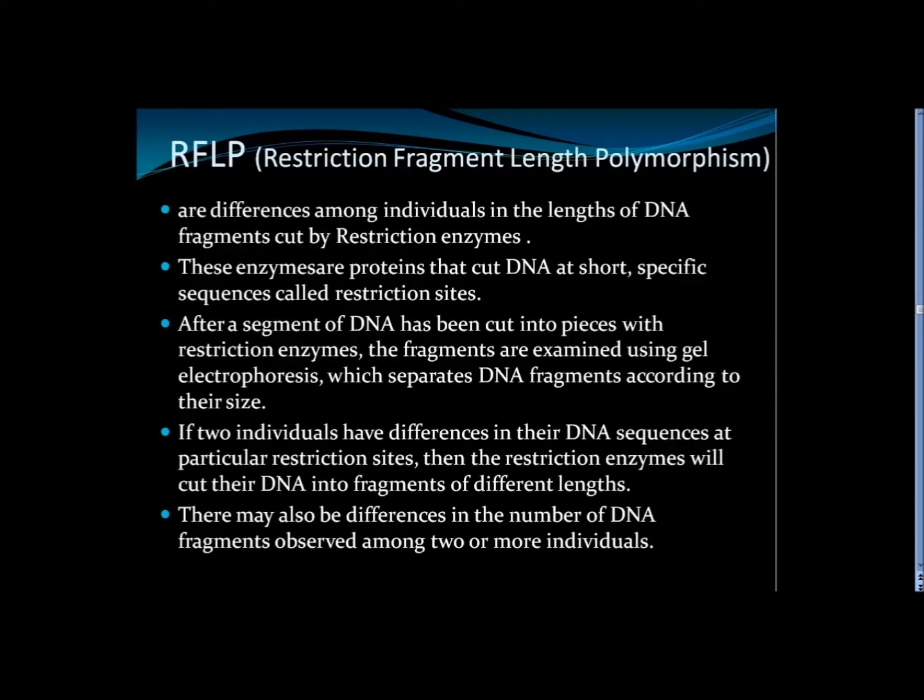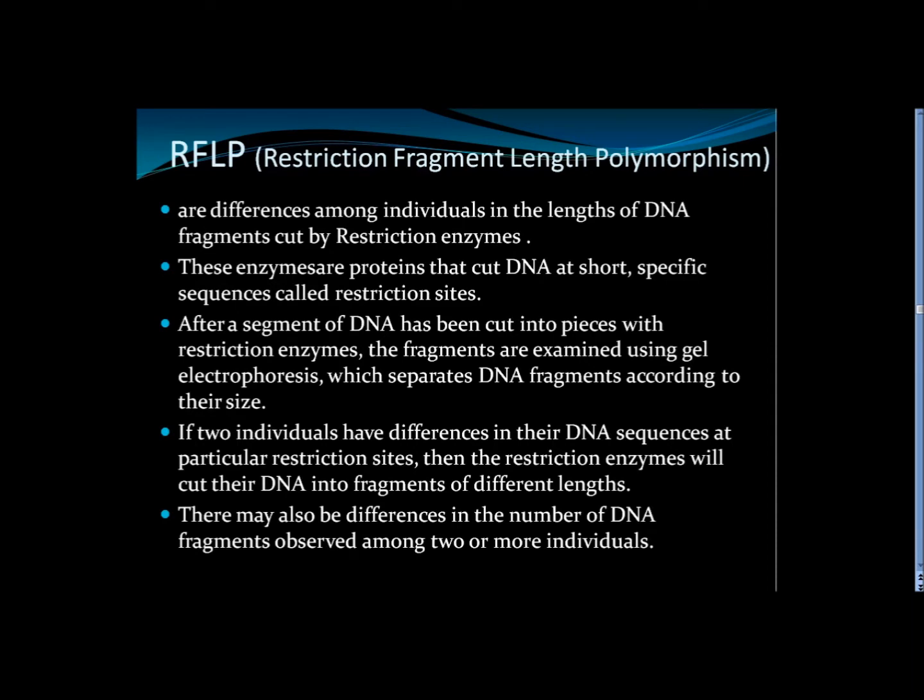The next technique in molecular taxonomy is the usage of RFLP, restriction fragment length polymorphisms. These polymorphisms are differences among individuals in the length of the DNA fragments that are cut by restriction enzymes. Restriction enzymes are proteins that cut DNA at short specific sites, which we call restriction sites.